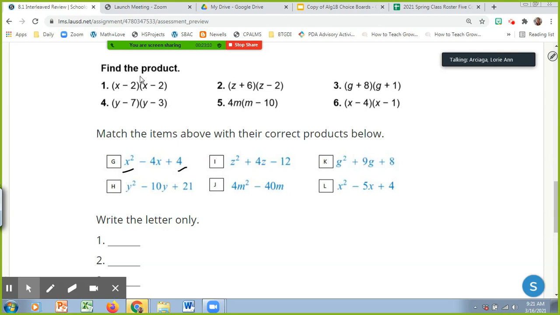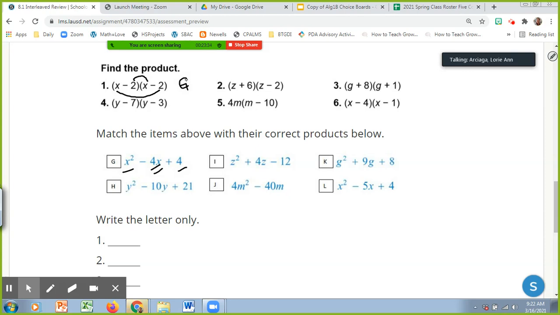But you have to double check the middle and the outer. Let's put that smile on the face, right? Make a little smiley. So that's negative 2x and a negative 2x, and that's how you can be sure that it's letter G because it's negative 4x when you combine them. Yeah? So number one is letter G.